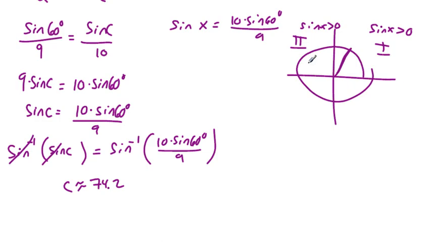That's also possible. We don't know if the angle is right here or on this side. Why? Because the sine of a number could be in the first quadrant or in the second quadrant.